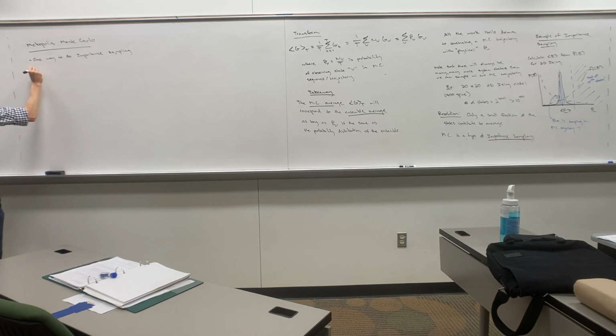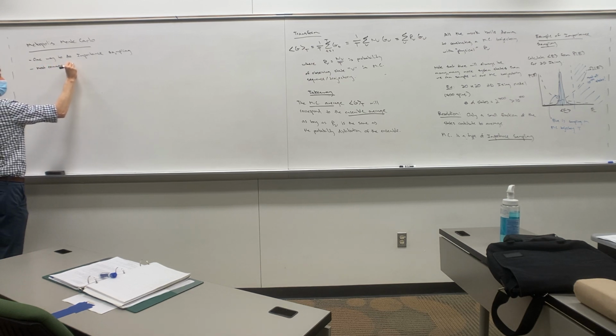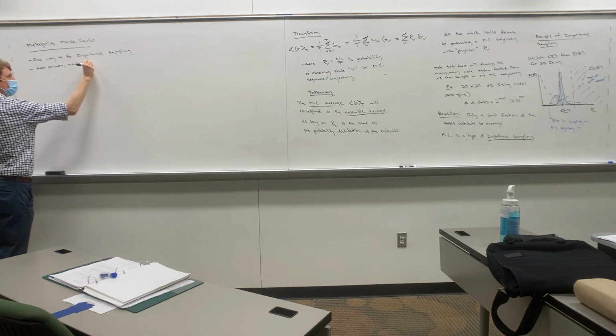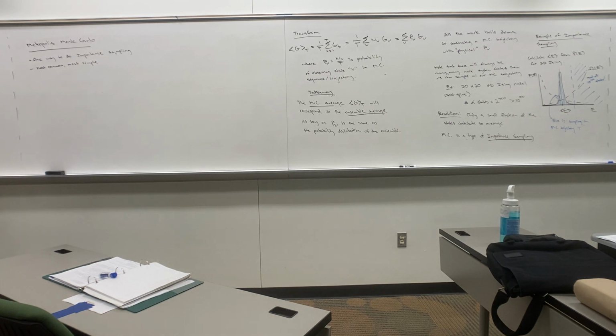Most common, and it's the most simple. So it's always a good idea to start with the simplest thing, unless you can justify going to something more complicated, right? So that's why we start with this. So I'm going to illustrate Metropolis Monte Carlo in the context of the 2D Ising model. Okay. So let's consider the 2D Ising model.